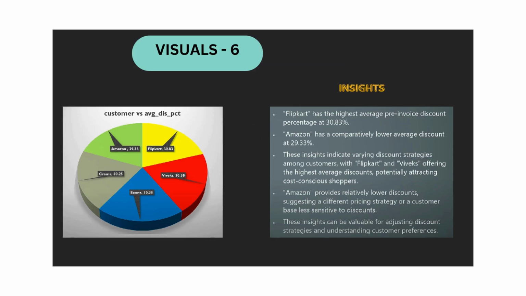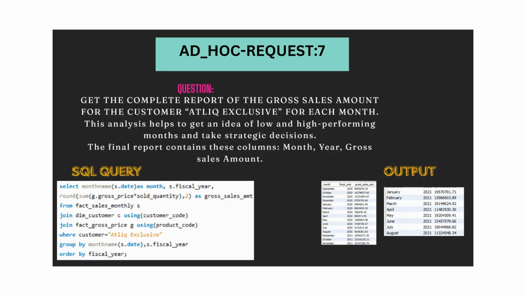Let me explain by the visualization here. Flipkart has the highest average pre-invoice discount percentage at 30.83, and the lowest we have is Amazon, with a comparatively lower average discount of 29.33%.